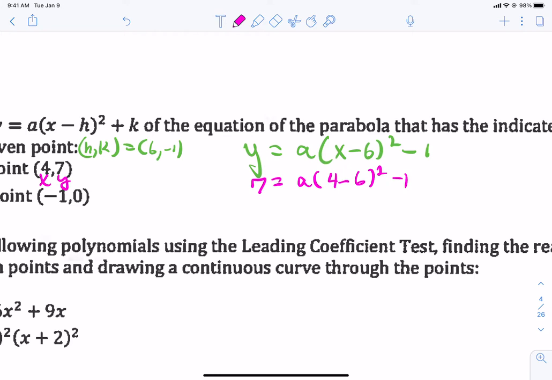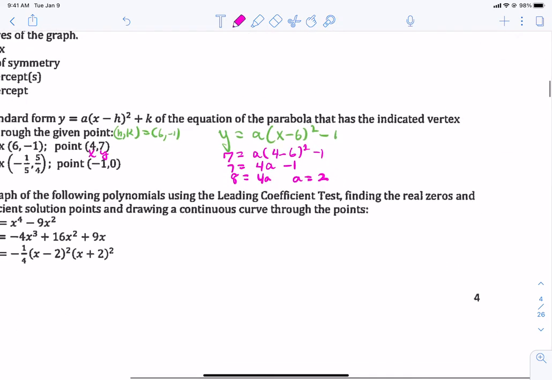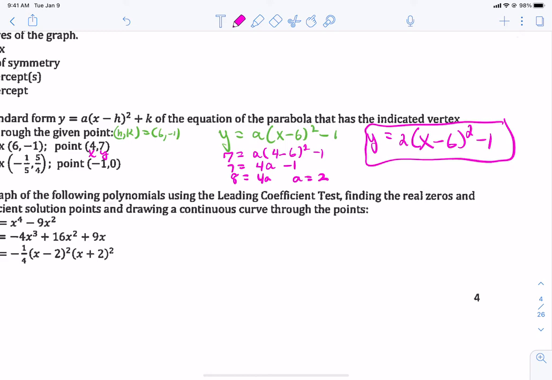That's in the parentheses. When you square negative 2, you're going to get 4. Add 1 to both sides. So a is 2. So now, as soon as you have a, you know h and k, revisit this, and stick the a where it belongs, right here. And you got it. So the equation is y equals 2 times x minus 6 squared minus 1. And that is your answer.